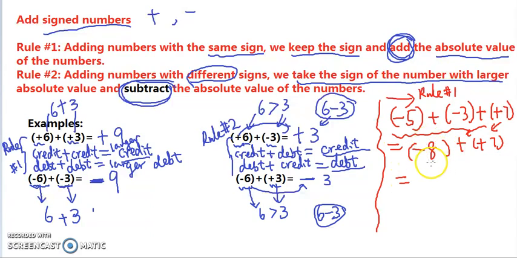Now we're going to do addition again, and this time the signs in front of them are different, so we got to use rule number 2. Pick the sign of the larger number. 8 is larger, so let's pick a negative sign and subtract 7 from 8, so you get 1, because we have $8 debt. The $8 debt is more than $7 credit. How much more? It's $1 more. So we do subtraction.